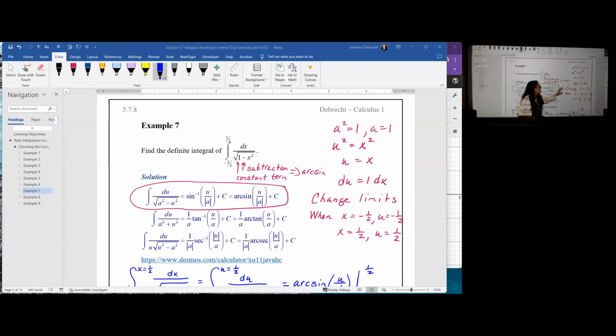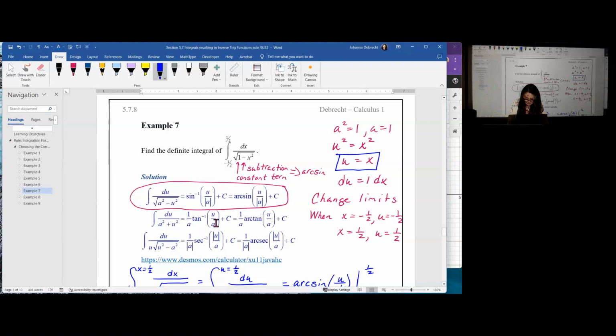To do that, I use the equation that relates the u to x. In this case, u is x. That means that the actual limits of integration do not change value, but they do change which variable they represent.